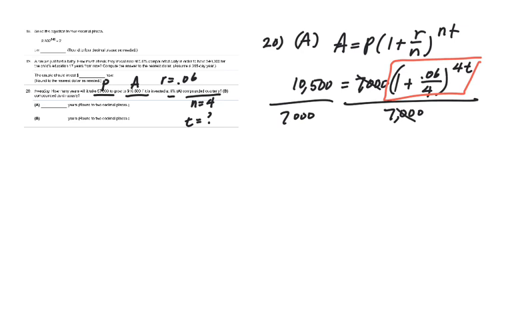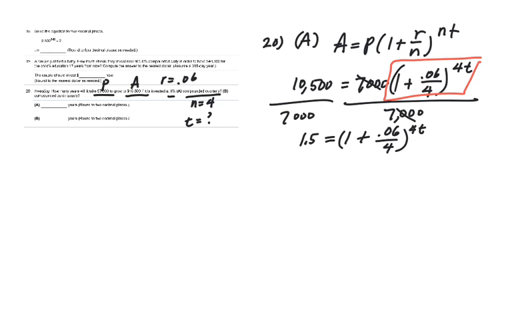So the 7,000s will cancel, and we have 10,500 divided by 7,000. So we get 1.5 is equal to 1 plus 0.06 divided by 4 raised to the 4t.